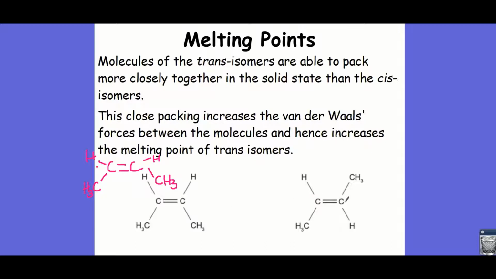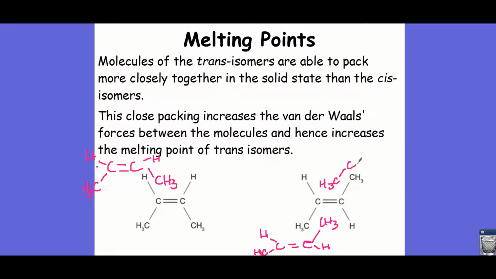Compare that to the trans isomer, where you have a methyl group on each side of the molecule. The close packing can happen at either side. So we have our hydrogen here, our CH3. That can happen here as well.